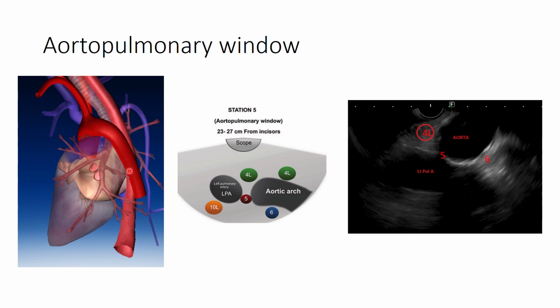One is to see through the descending aorta, and then you can do an anti-clockwise rotation and go see this aortopulmonary window. Or second is go to the subcarinal space and turn 90 degrees, where you can also find this aortopulmonary window. This aortopulmonary window will be between the aortic arch and the left pulmonary artery.